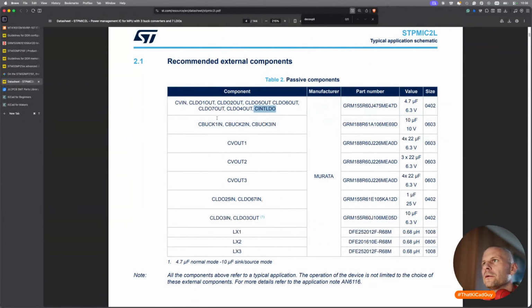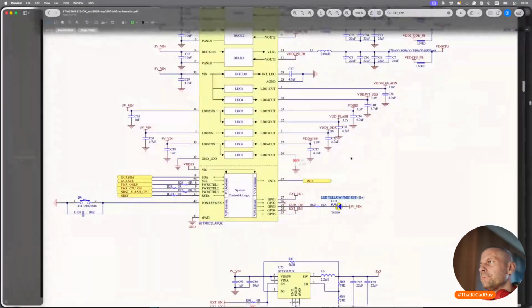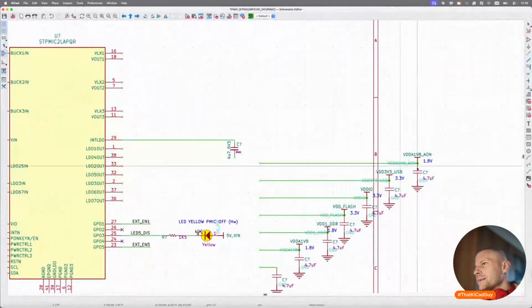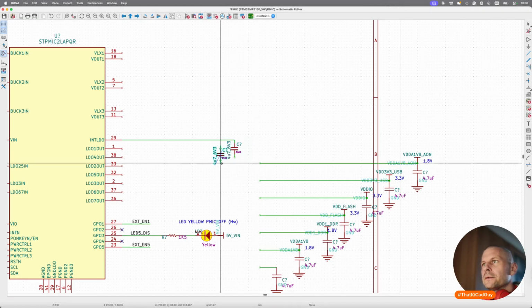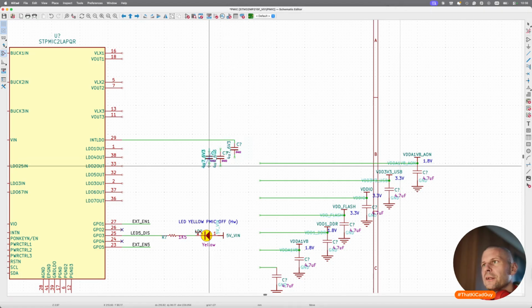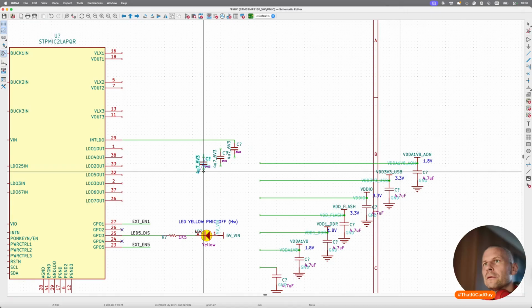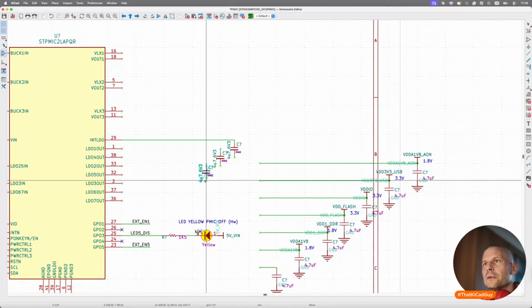Here are all outs. All LDO outs. 1 and 2 have the same. Yeah, I can see it here. Okay. So this is this one. This is 2. This one.